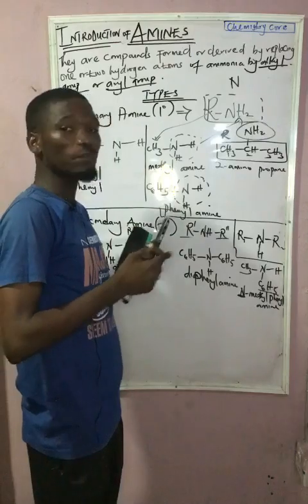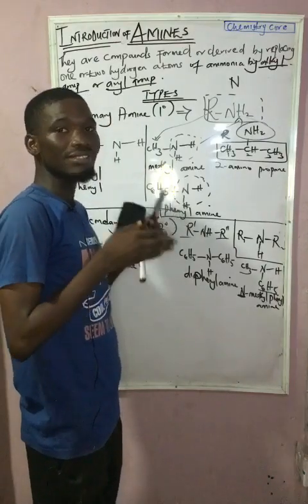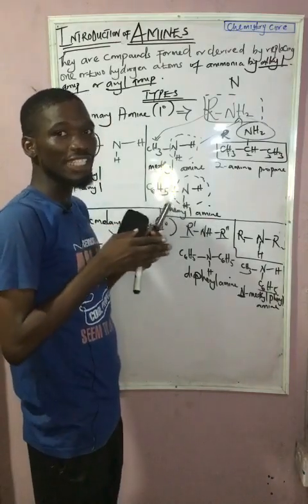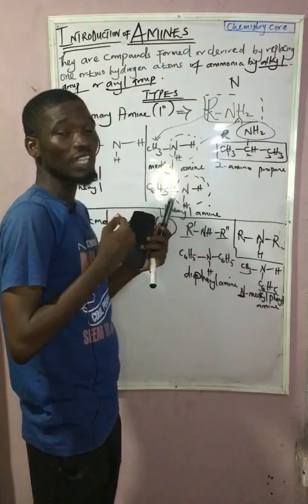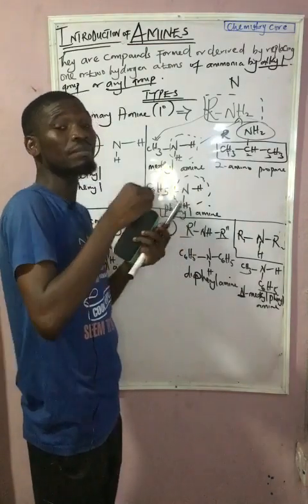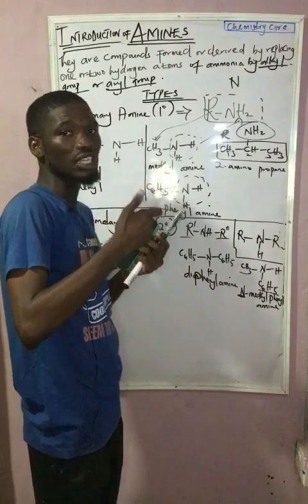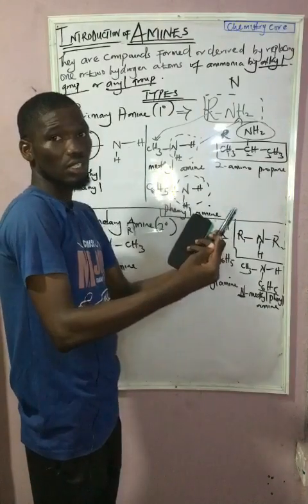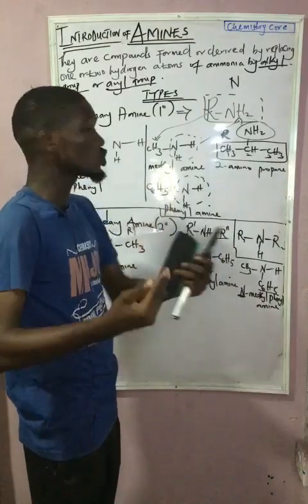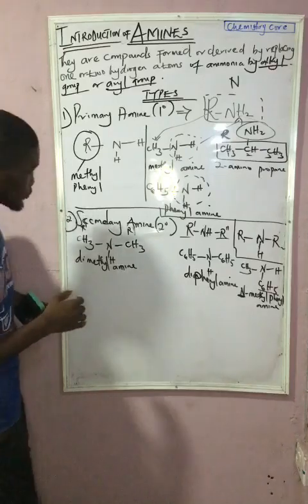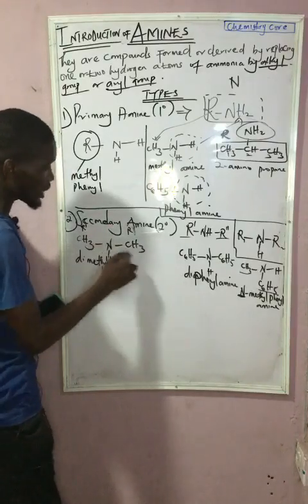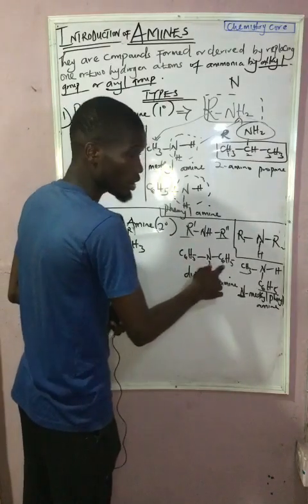Again, if N is the first letter used to name any organic compound, it can be N. That N means the nitrogen is attached to an alkyl group. So guys, you can see now we have one R here, the second R here, another R here. Is that clear now?